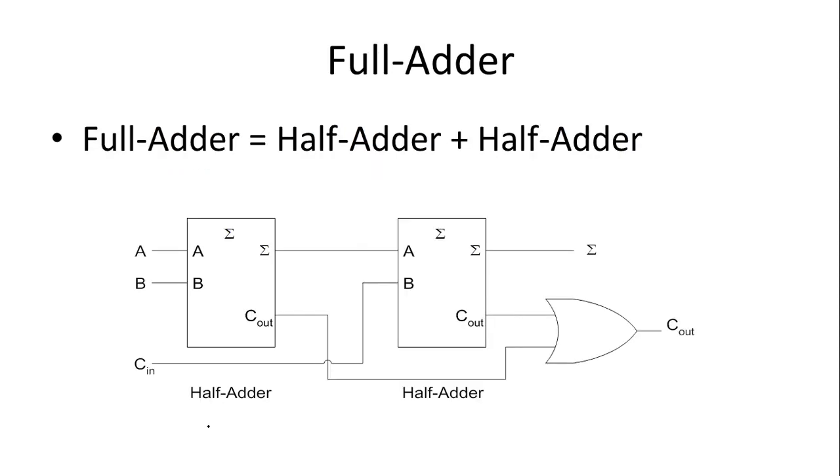So a full adder can be implemented by using two half adders. So if two half adders are attached like here, as shown by the picture, we can achieve the functionality of a full adder.